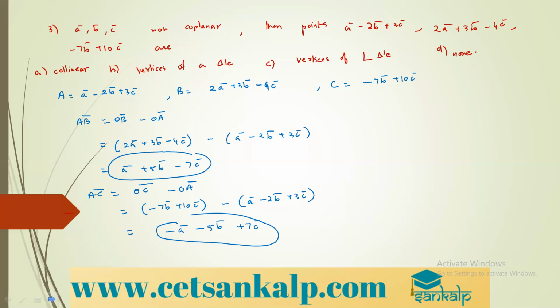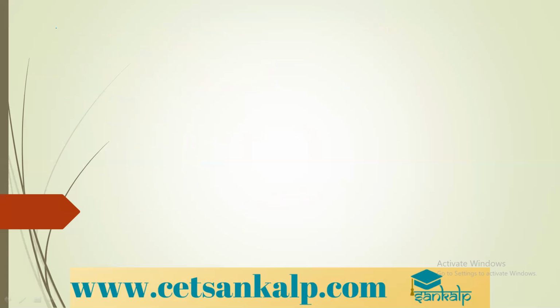They are similar with a slight difference. So what I can say is AC vector is minus of AB vector. Since A is common in both of them, we can say A, B, C are collinear vectors.